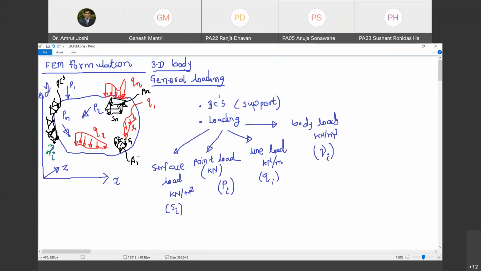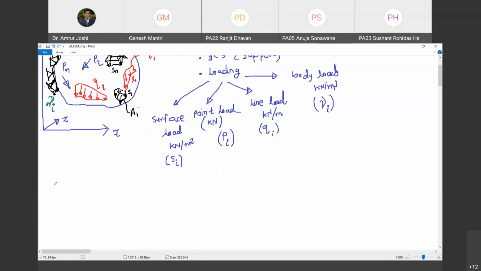Yes, sir. Yes, so pay attention here. Point number 1. All points on the body, I will say almost all. Why? Because if there is a support, then there may not be a deformation. Are you with me?